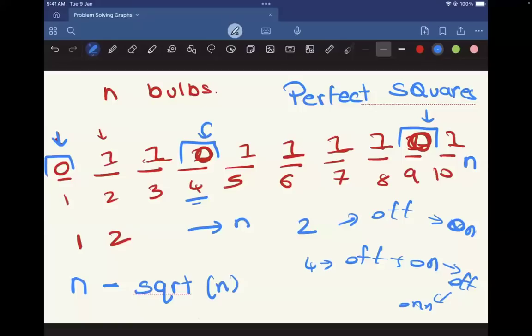For example, the square root of 10 is nothing but 3, and we can see that 1, 4, and 9 are the three squares between 1 and 10. Yes or no, guys? Tell me. Is this much clear? The time complexity of square root is log n.